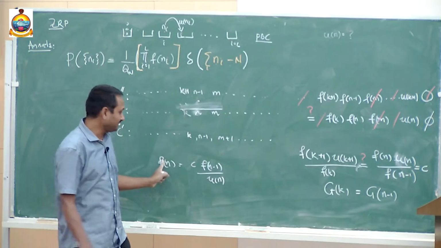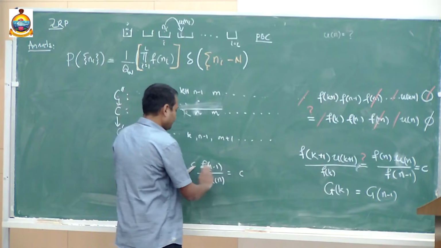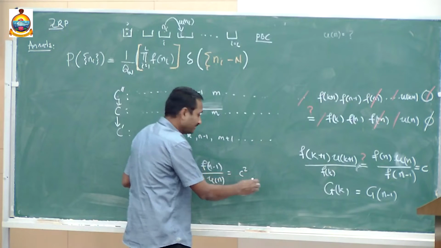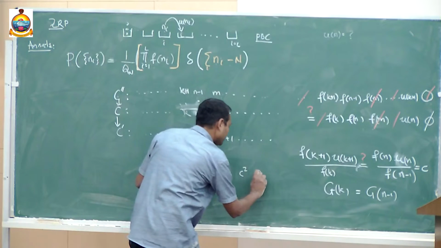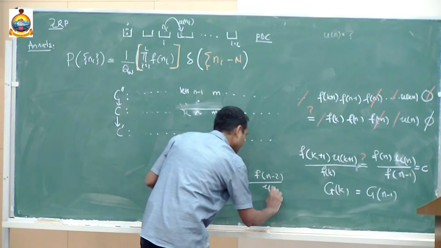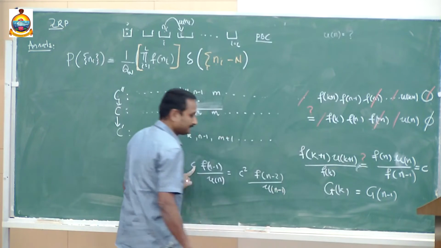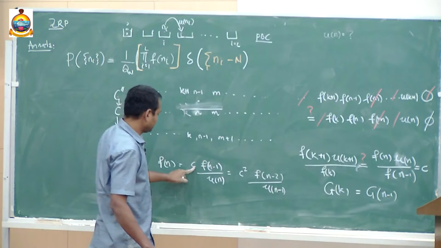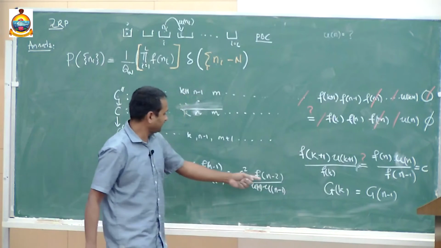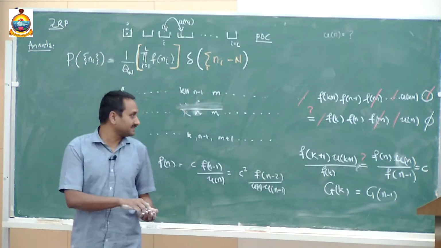So if you do the next step, this is c again, f n minus 1. I have to write c square, f n minus 2, divided by u n minus 1, like that. So if you repeat it, can you tell me the final answer?